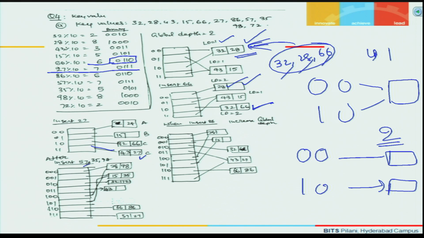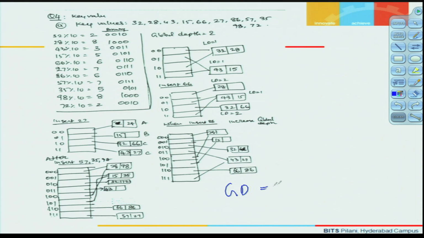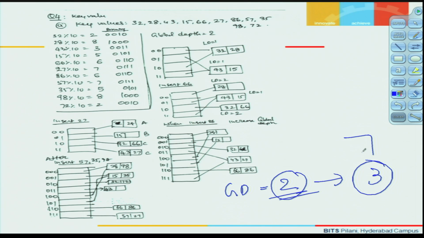When I increase the global depth, initially the global depth is equal to 2. When I increase it by 1, the global depth becomes 3. That means how many bits will I have to use? Initially it is 2, when I increase it that becomes 3. That means for making a directory structure search, I will be making use of 3 leading bits.